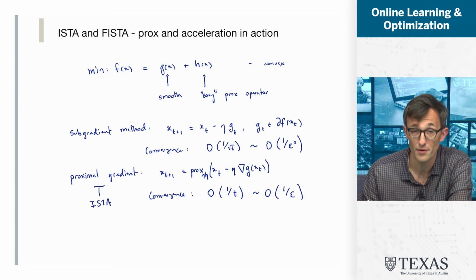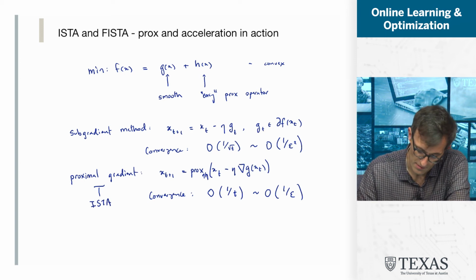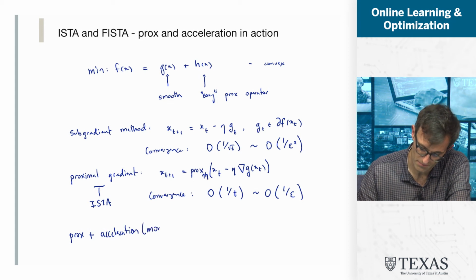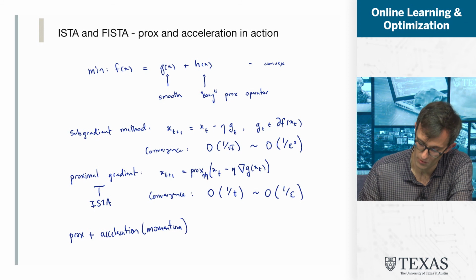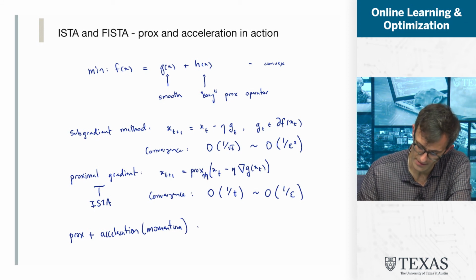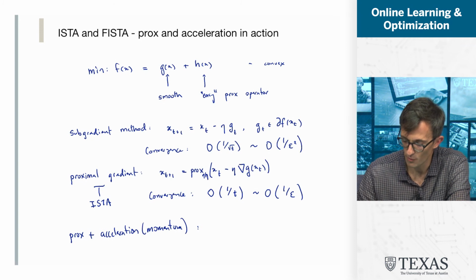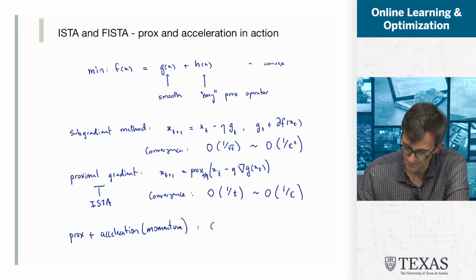The third element that we're going to talk about is proximal gradient plus acceleration or momentum, which we've talked about before. In this case, and I'll write down in the next slides exactly what this algorithm is, we're going to get even faster convergence.